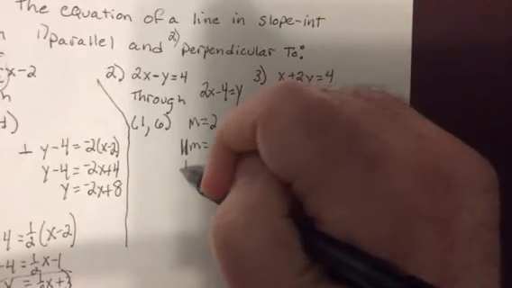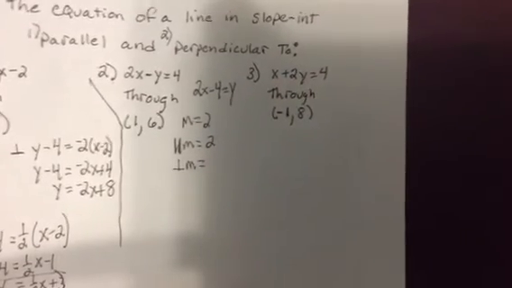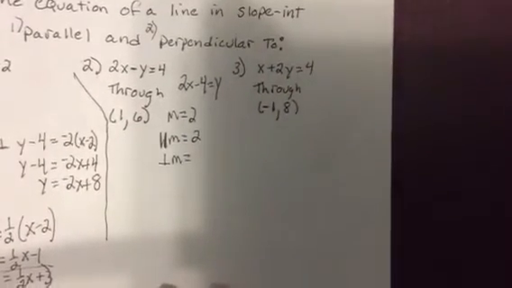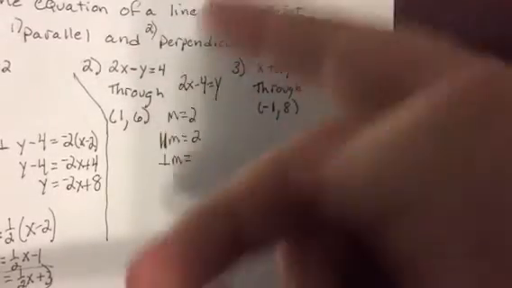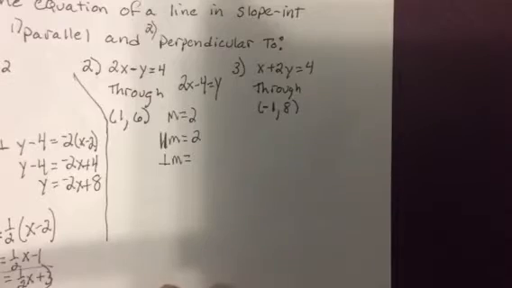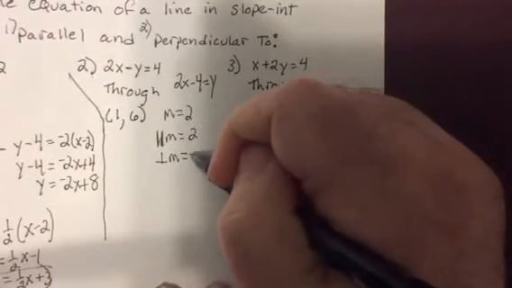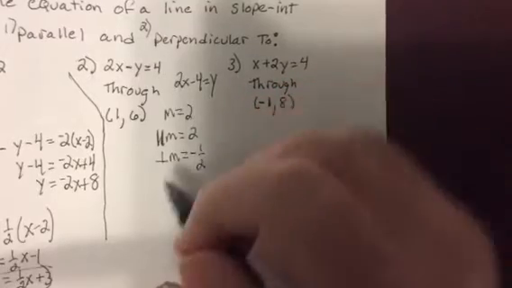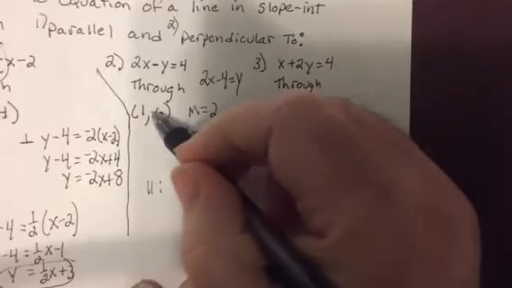And then the perpendicular slope? Good job, JC. Now remember, perpendicular is negative reciprocal. So if the slope is 2, parallel is the same as 2, and perpendicular would be -1/2.